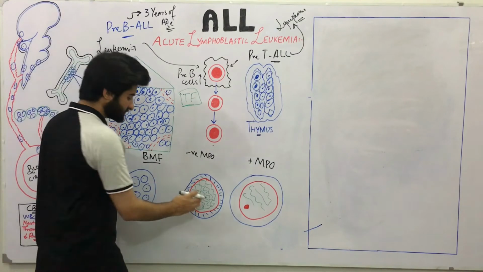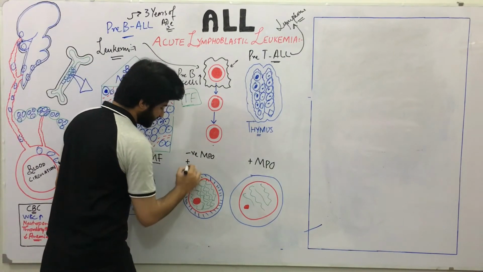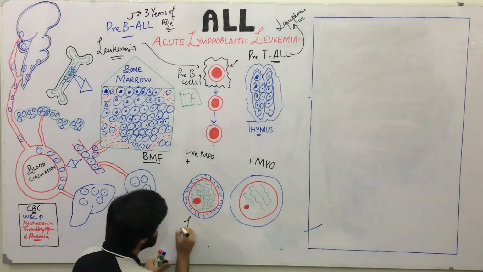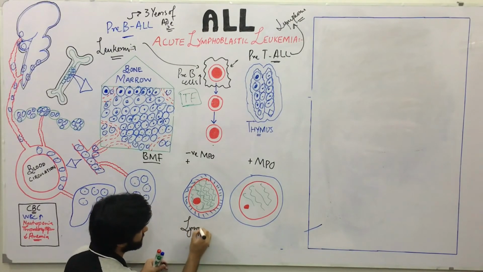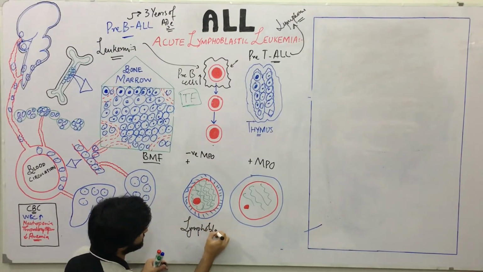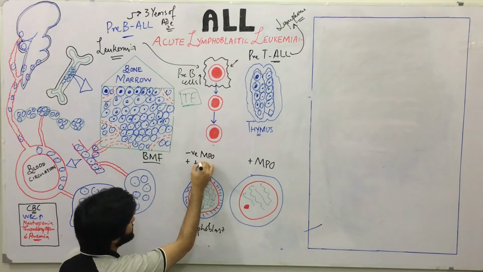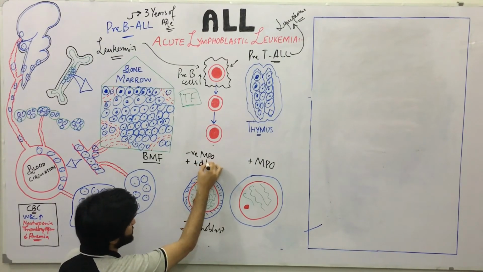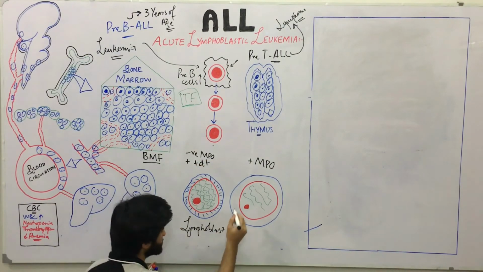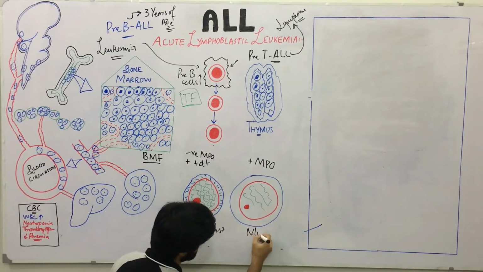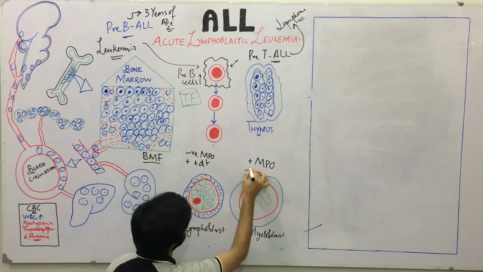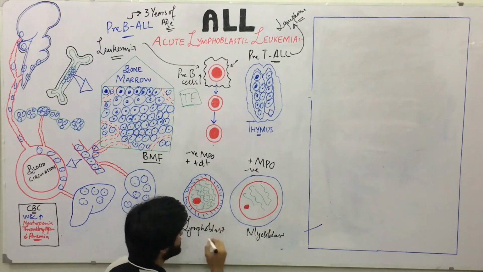But this lymphoblast is positive for TDT, whereas the myeloblast is negative for TDT.